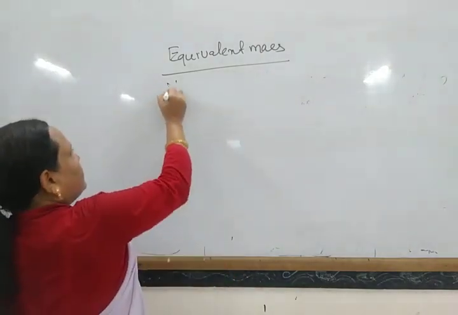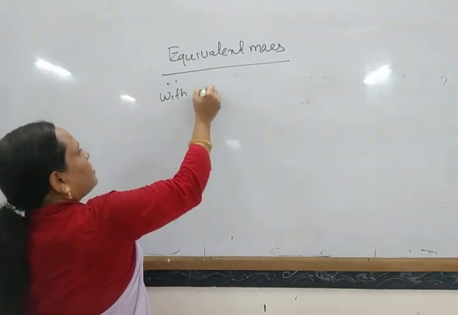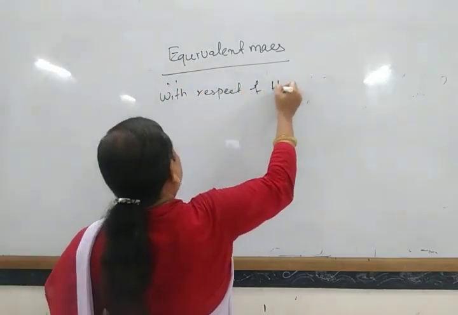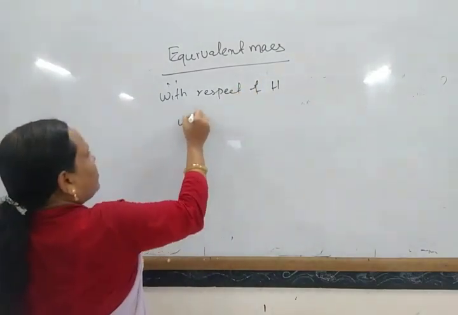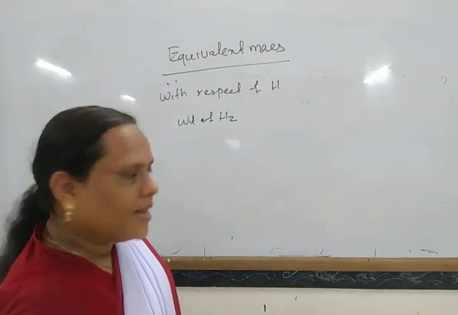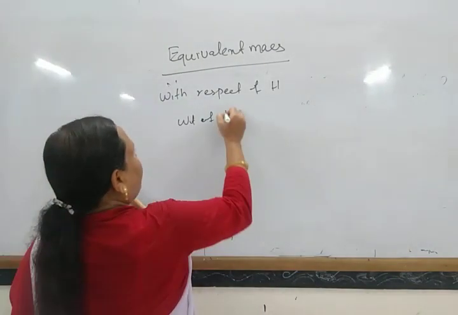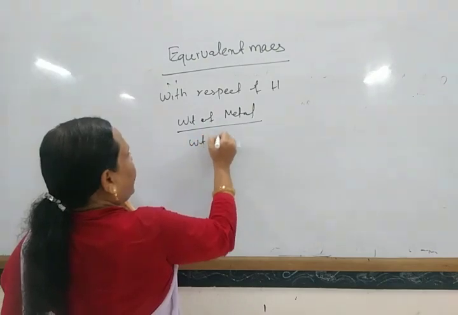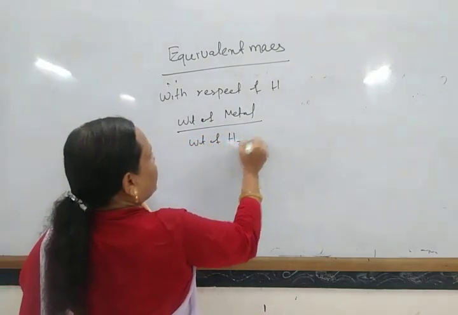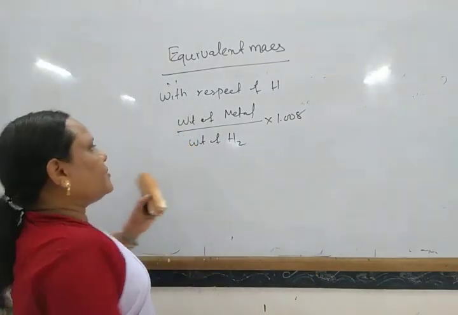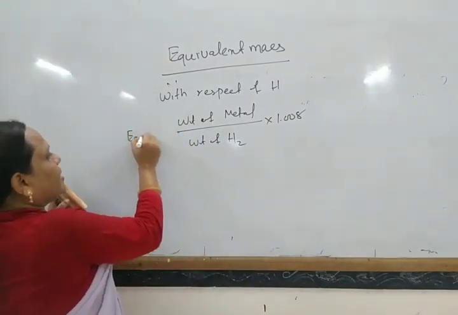With respect to hydrogen, the equivalent mass of a metal is the weight of metal by weight of hydrogen into 1.008. This gives you the equivalent mass.